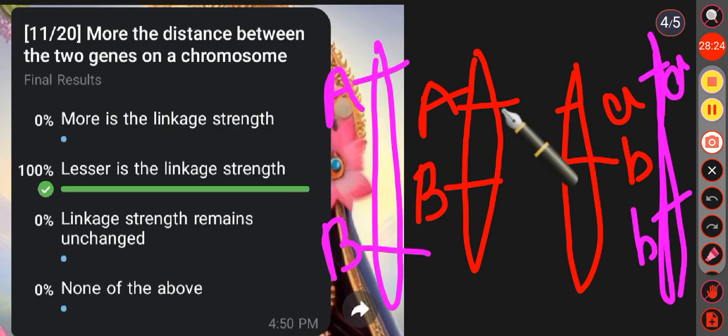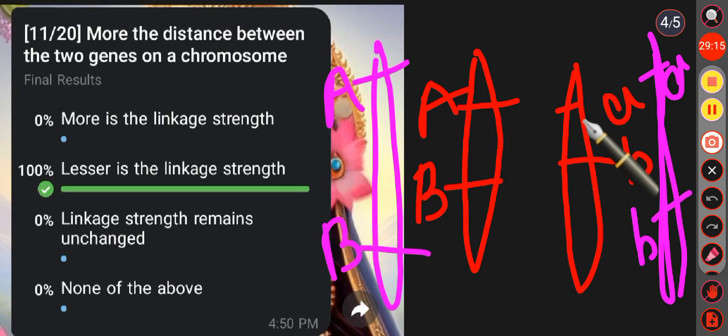For example, here in this chromosome, the distance between the two genes is less than this chromosome. And here you can see that the distance between the two genes is higher, by which it reduces the linkage strength. But here the linkage strength is more, right?